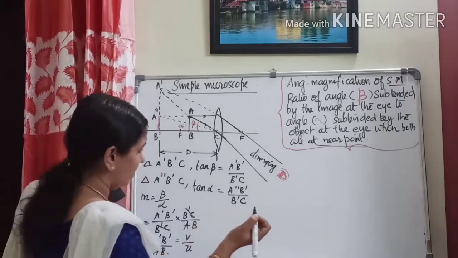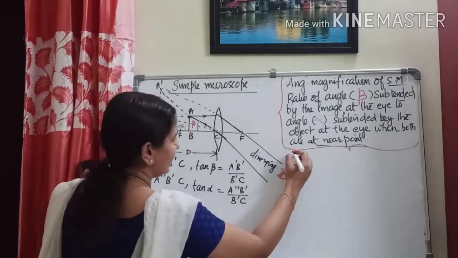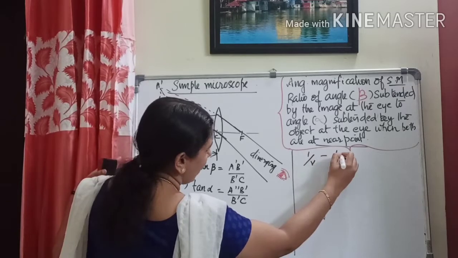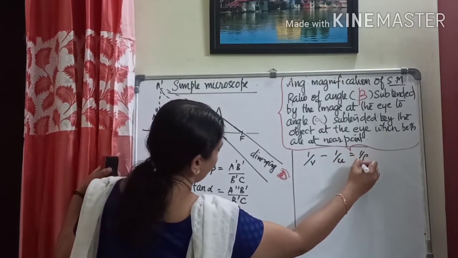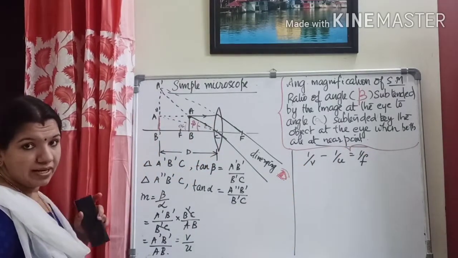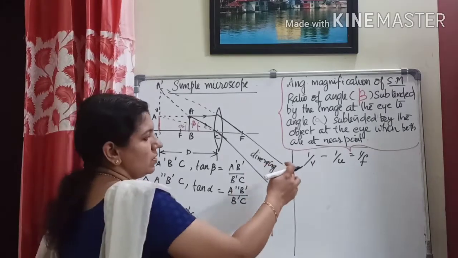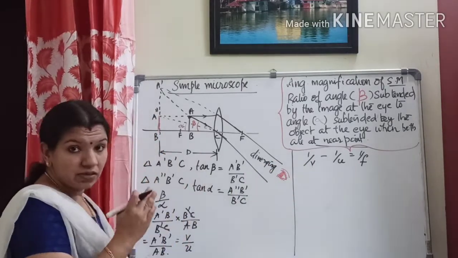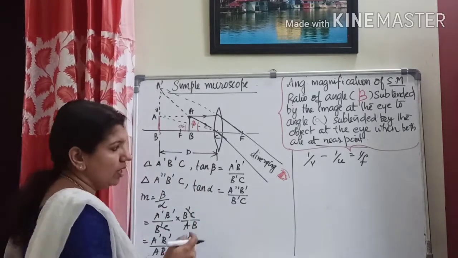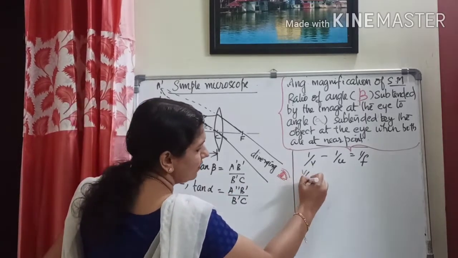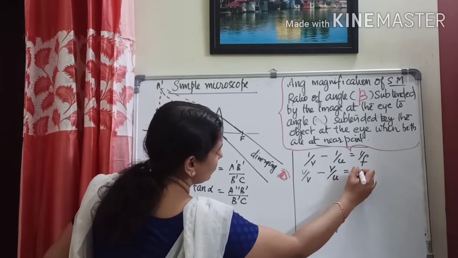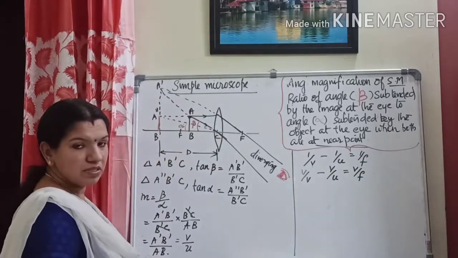For that, here I will write the lens equation, that is 1 by V minus 1 by U is equal to 1 by F. Multiplying the whole equation by V, you will get V by V minus V by U is equal to V by F. Isn't it?